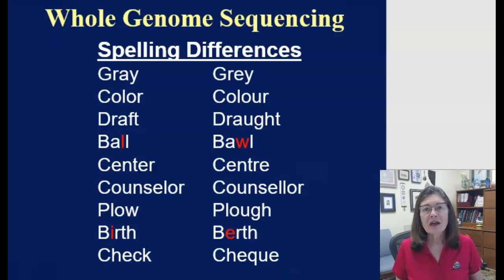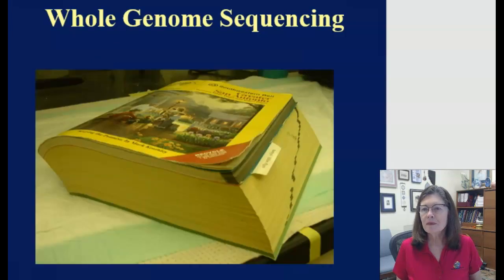So the challenge with whole genome sequencing is going through the millions of differences in spelling to determine, do they make a difference or don't they make a difference? And that is a huge challenge when there are millions of these spelling differences for every single one of us in comparison to the reference or a database of spelling variability. So that's like doing a spell check for the entire phone book.